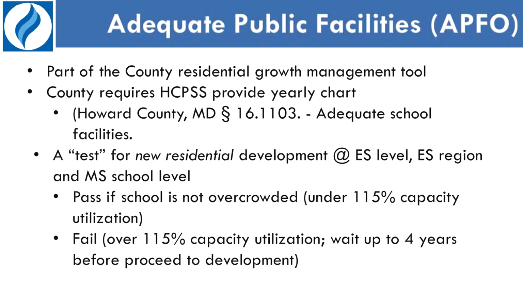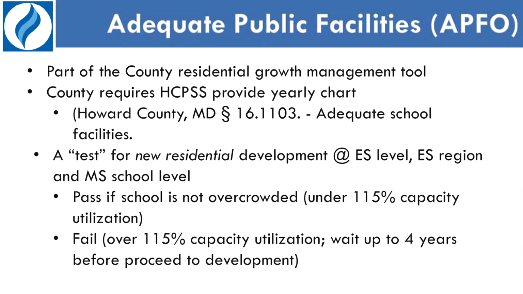Essentially, if you're a developer, let's pretend I'm a developer and I want to subdivide my property for 150 homes, right? I have to pass a test. One of those tests is the schools test. And if I pass, that means the school that my property is in the attendance area at the elementary school level is under 115% capacity utilization.